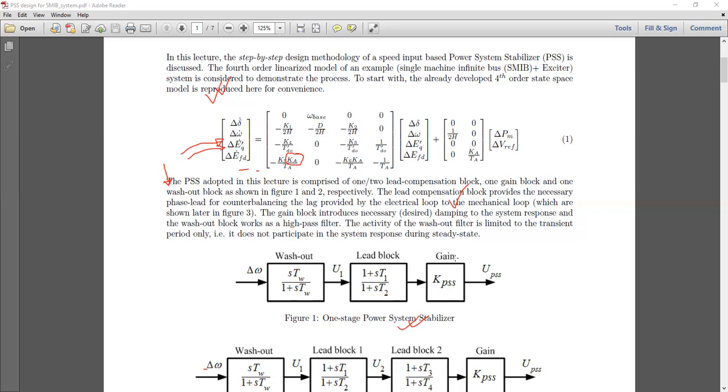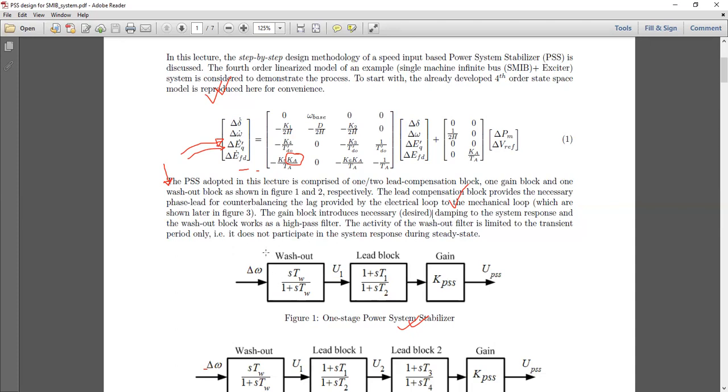To counterbalance the negative damping introduced by the delta EFD block, we have to introduce some positive damping with the help of this block over here. So KPSS will ensure that the desired or sufficient damping is introduced by the PSS block.